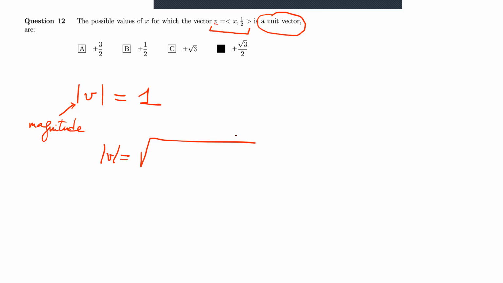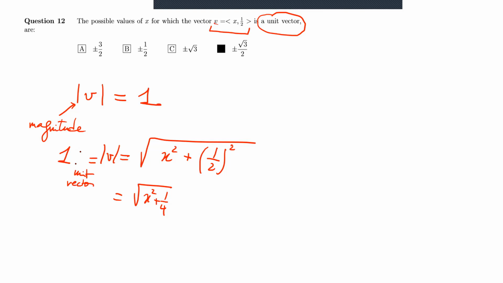It's the square root of the square of the first component plus the square of the second. It's the square root of x squared plus 1 over 4. But we said that it's a unit vector. So its magnitude is 1.